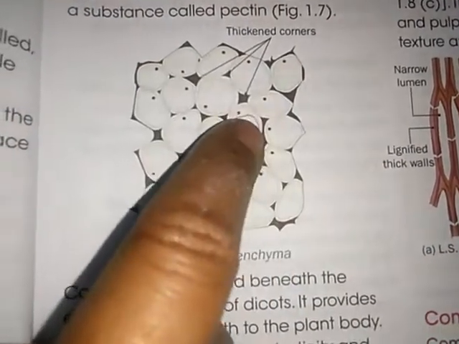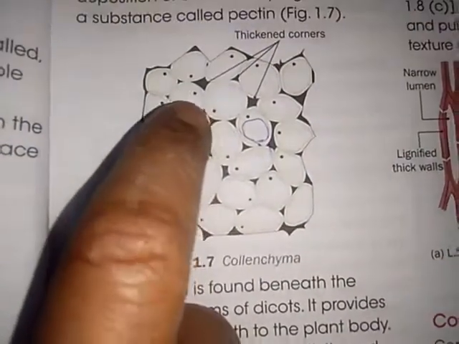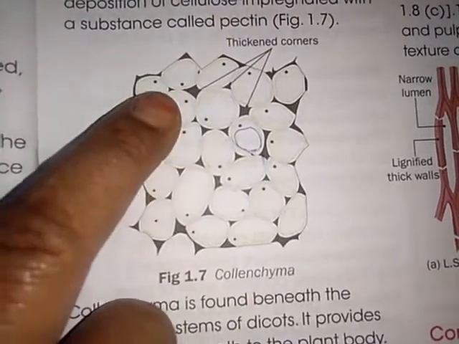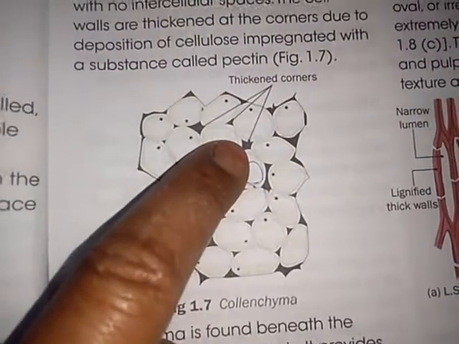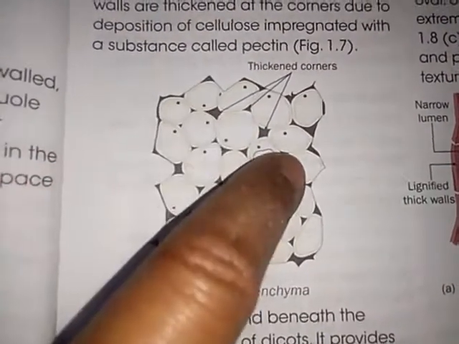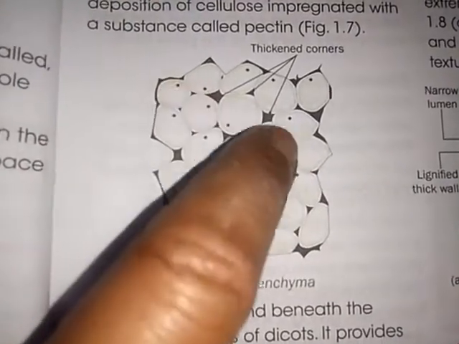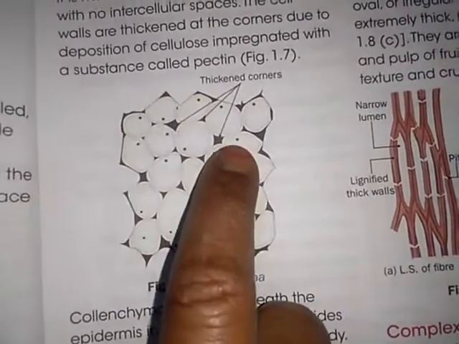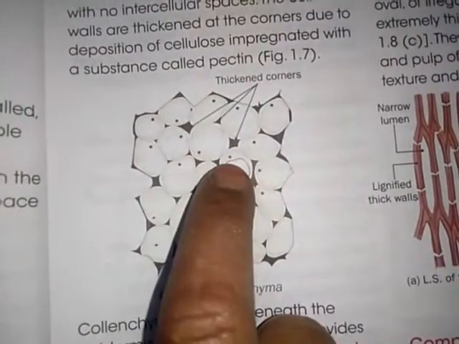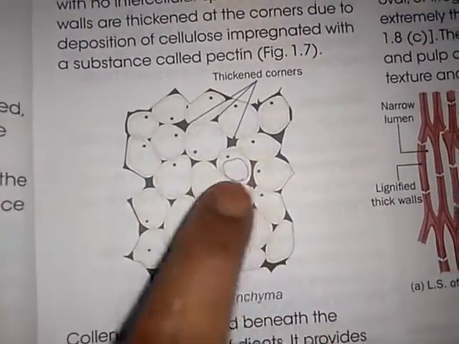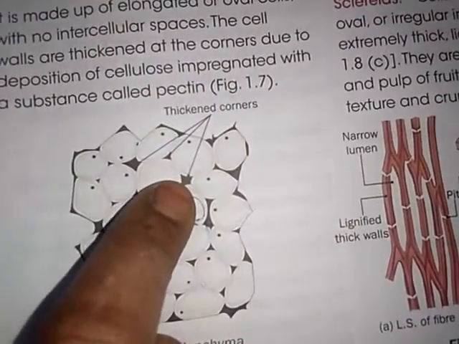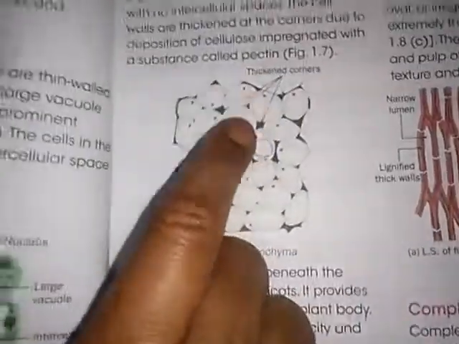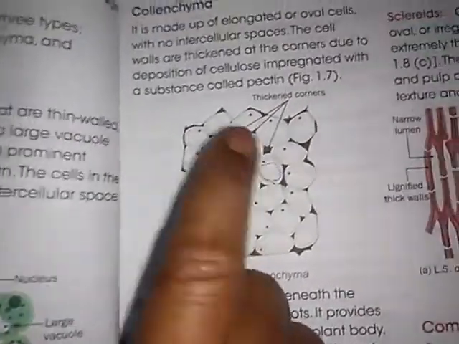Cellulose is present. Cellulose, where is it present? Thickened corner. The presence of cellulose in the corner is called pectin. That part is called the pectin.